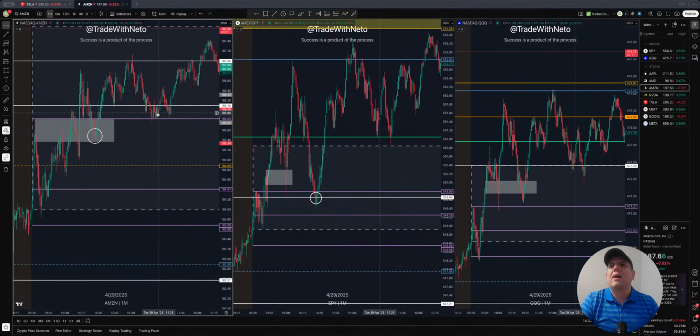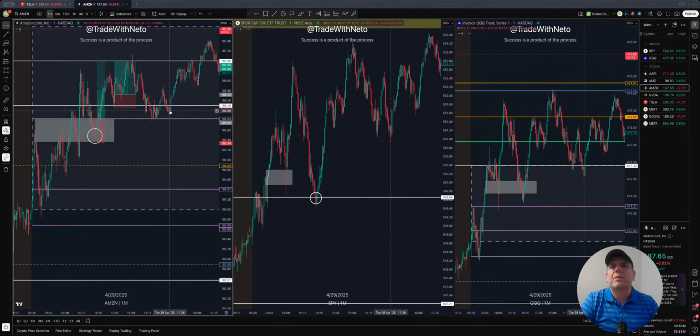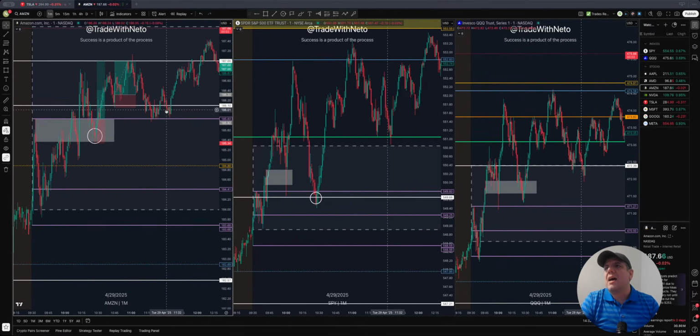Well, SPY was retesting the previous week high, and QQQ was retesting this 472.39 key level on the 15-minute chart that it's actually yesterday's close.